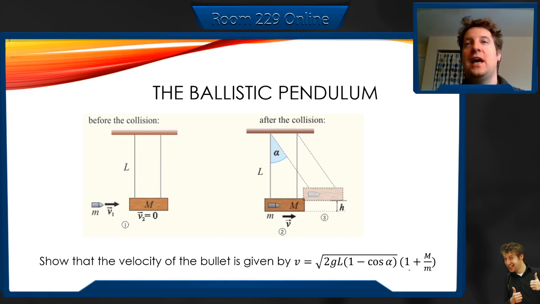So we have to derive this. Oh, derivations. We love to derive equations in this class, don't we? Well, this one does. Okay, so this is the velocity expression in terms of a constant gravity, the length of my string, the angle that I measure, and here the ratio of masses, the bullet mass to the ballistic pendulum mass. Okay, so let's think about how we can do this.